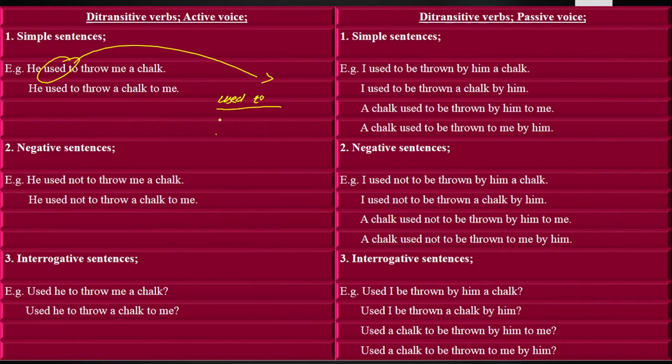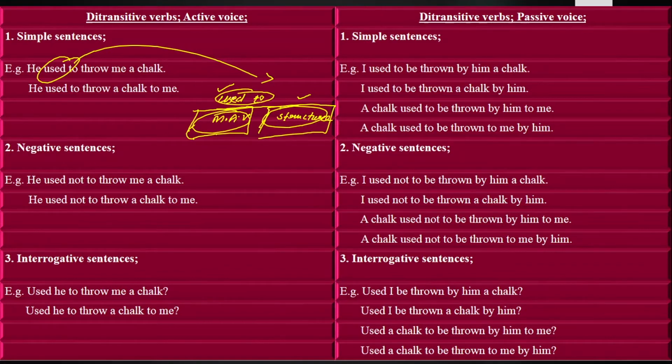Some grammarians say that it is a modal auxiliary verb, and some say that it is a structure. Now, if it is a modal auxiliary verb, how are we going to change it into passive voice, and if it is a structure, how are we going to change it? First, in this topic, we will be discussing it as a modal auxiliary verb. Then, after this lecture, we will be discussing it as a structure.